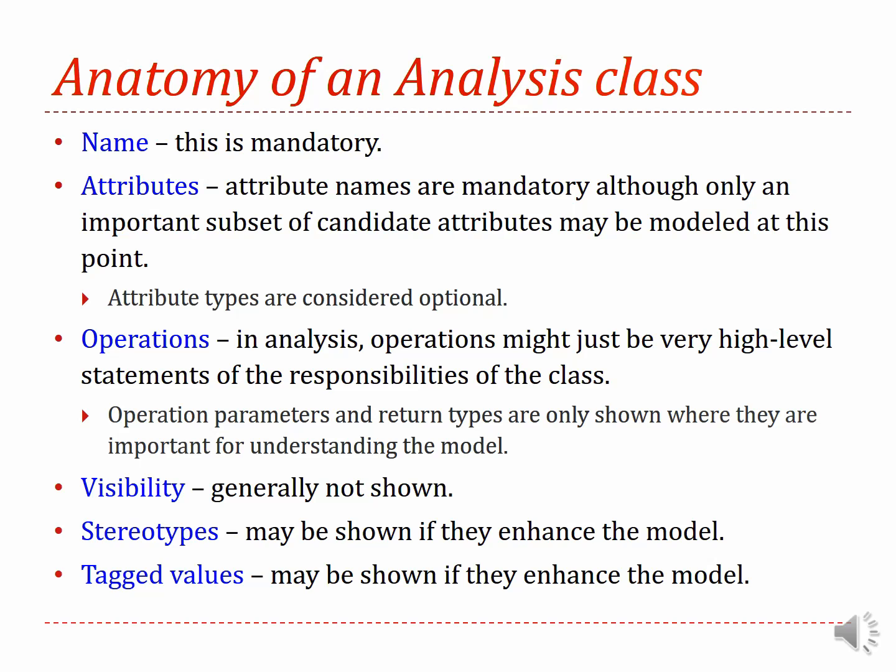The third element is operations or responsibilities. It describes the major services the class should provide. Detailed parameters and return types are normally omitted here because the focus is on understanding the responsibility rather than implementation. Elements like visibility, stereotypes and tagged values are identified here only to improve the understanding of the model.